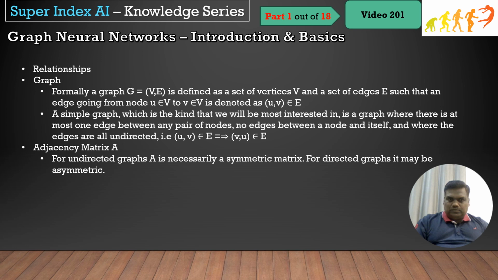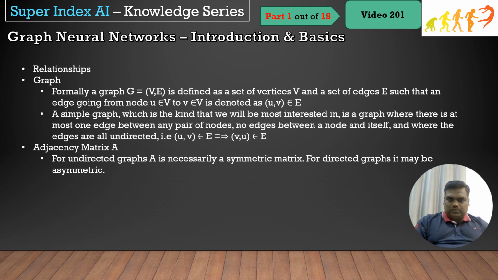That's simple. A simple graph, which is the kind that we will be most interested in, is a graph where there is at most one edge between any pair of nodes, no edges between a node and itself, and where the edges are all undirected. What does that mean?